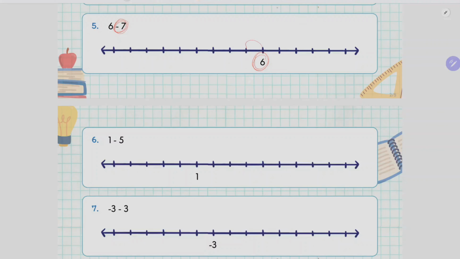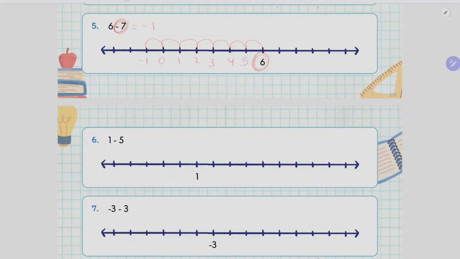So we do 1, 2, 3, 4, 5, 6, 7. And since we're going to the left, that means we're going towards the negative. So let's fill that out: 5, 4, 3, 2, 1, 0, and it should be -1. 6 take away 7 gives you -1.